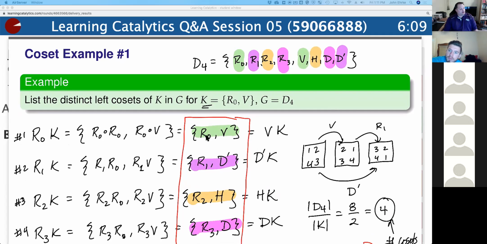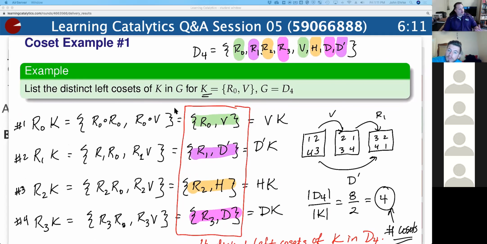The act of creating a coset has created an equivalence relation on the original group, saying that R3 and D are equivalent to one another modulo this subgroup. And remember, I said last time that congruence classes and this concept of coset are an equivalence relation.